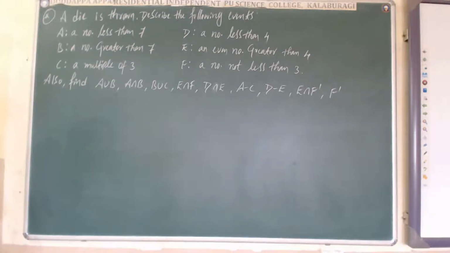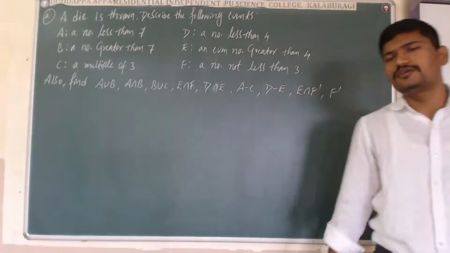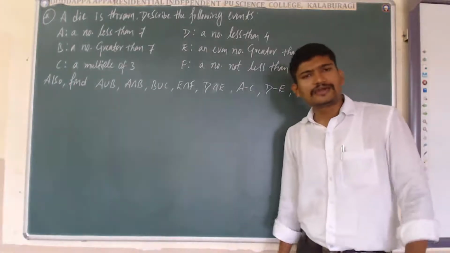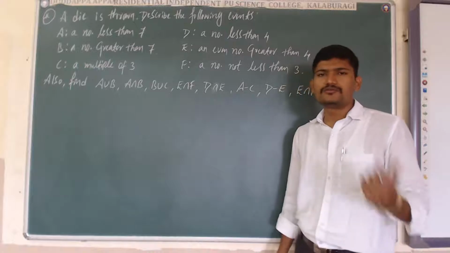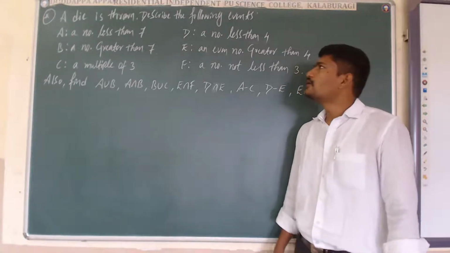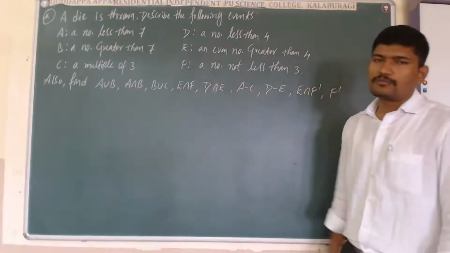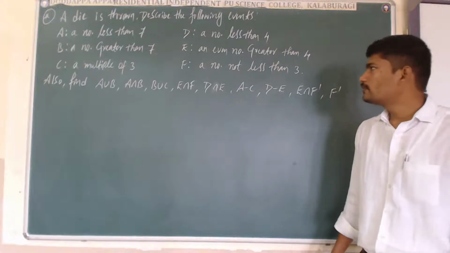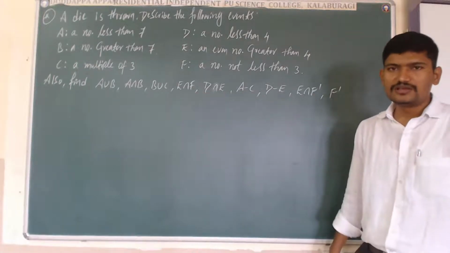Okay, dear students, it is also a very simple concept. A die is thrown. So here also a die experiment is given. So the sample points 1 to 6 will come here, and describe the following events. Here they are given in wording form, so we must write them in set form, event form. After that we must define these conditions.